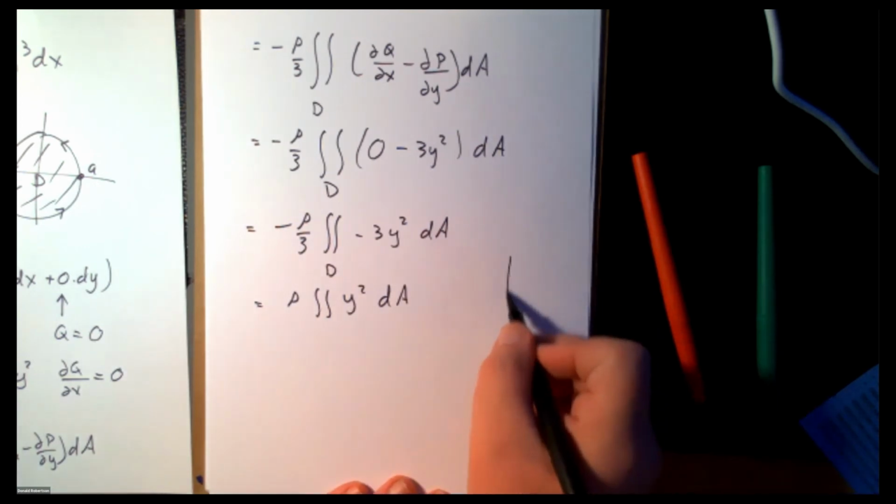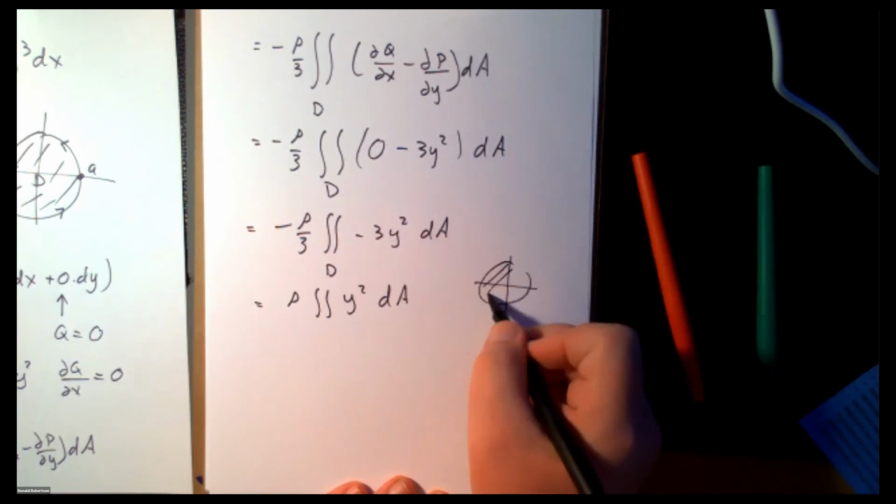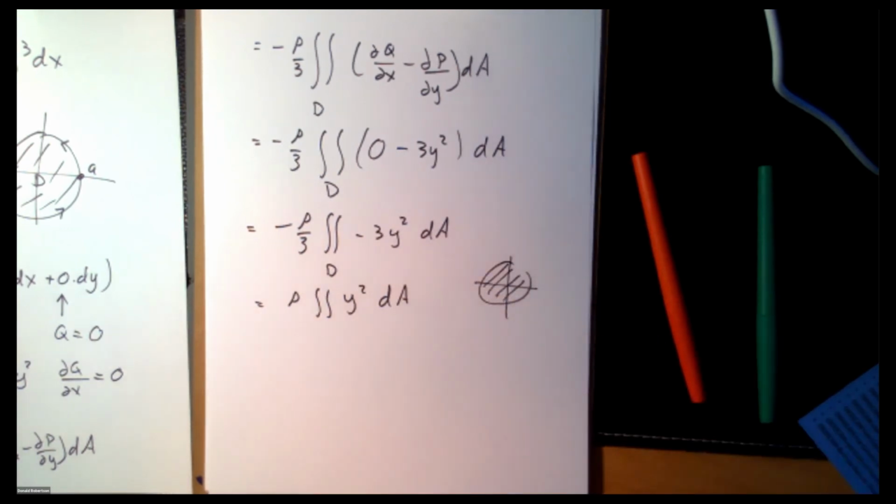Now, to remind you, this is what region D looks like. I would say, and I hope you agree with me, that this question is better done in polar form than in XY form. And isn't dA a holder for dx dy, and it's also a holder for r dr d theta.